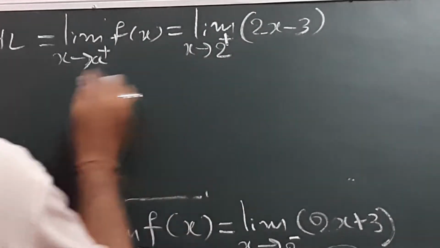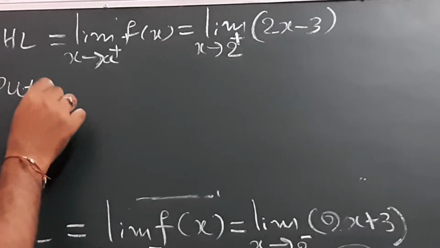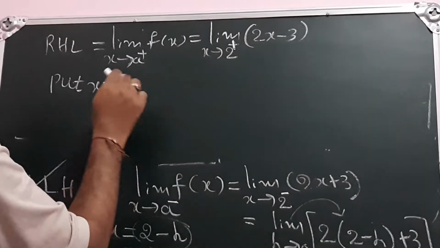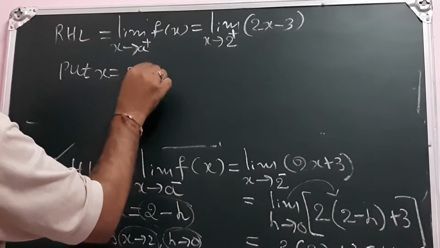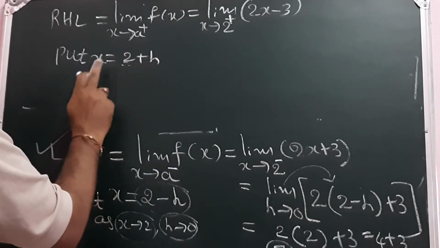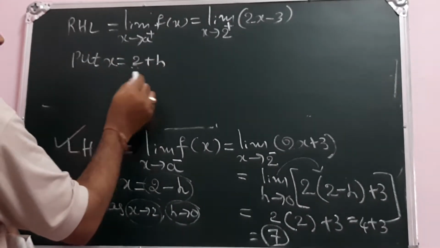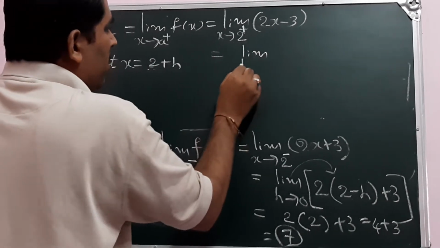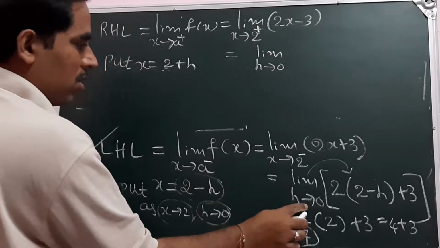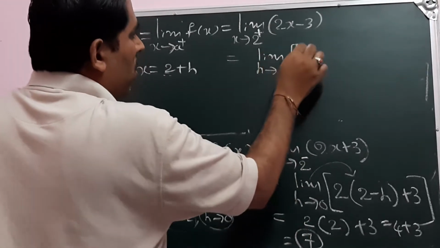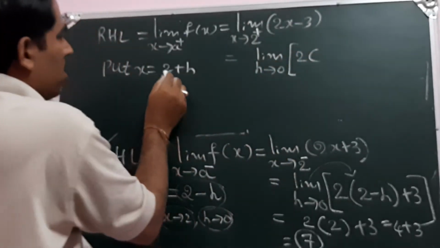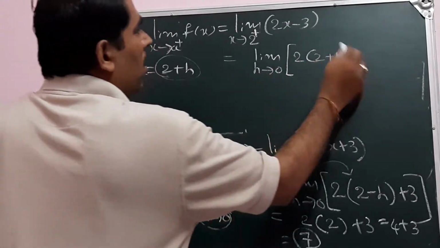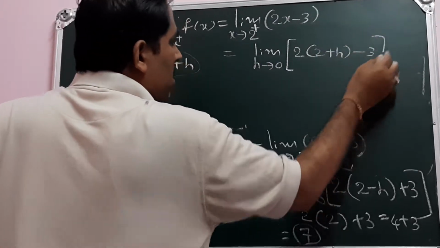So now, for the left hand limit we put x equal to a minus h, for the right hand limit a plus h. The point is 2, so put x equal to 2 plus h. Then we get the limit, as usual h tends to 0, of 2 times (2 plus h) minus 3, writing minus 3 as it is.